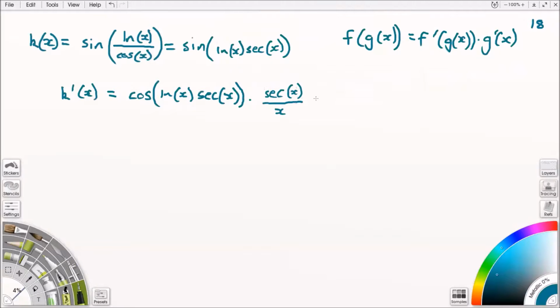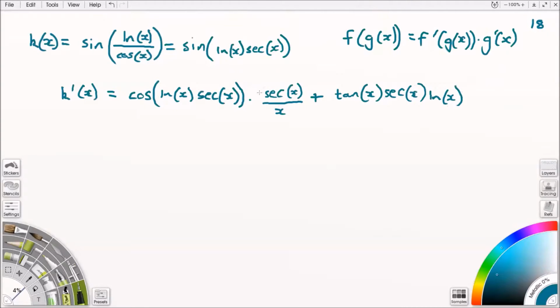And now we add the derivative of secant x, as we used in yesterday's video for Integral a Day. That's going to equal tan x secant x, and u stays the same on this side, so that becomes log x.